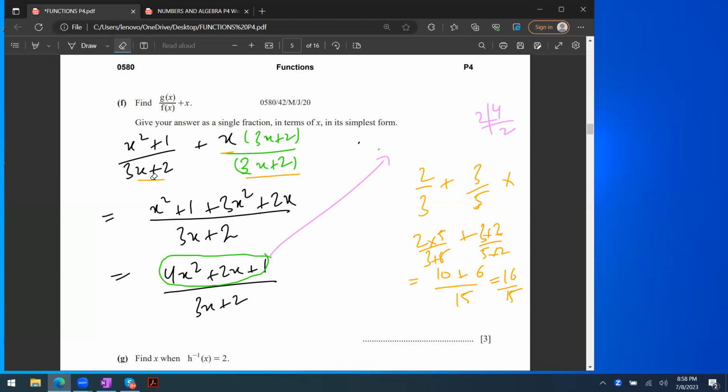Now that I have both denominators 3x plus 2, I can add the numerators: x square plus 1 plus, I expand this, 3x square plus 2x. 4x square plus 2x plus 1. Is it still clear? If you still have confusion, you can tell.